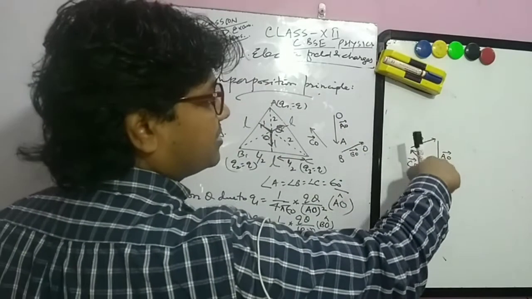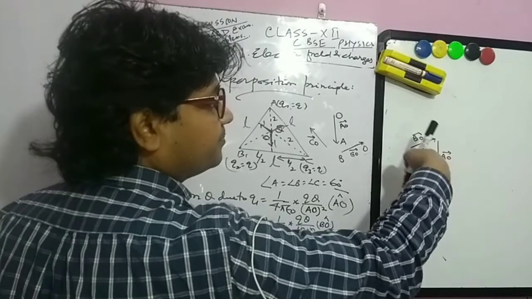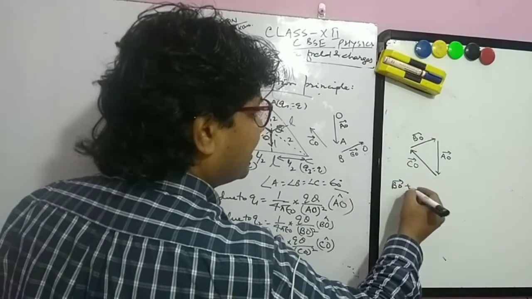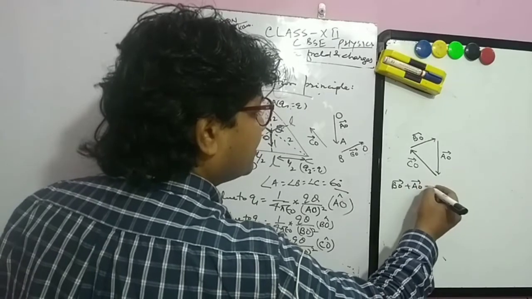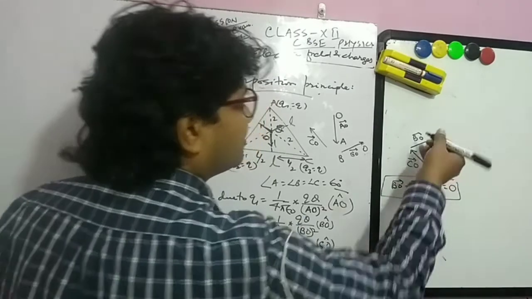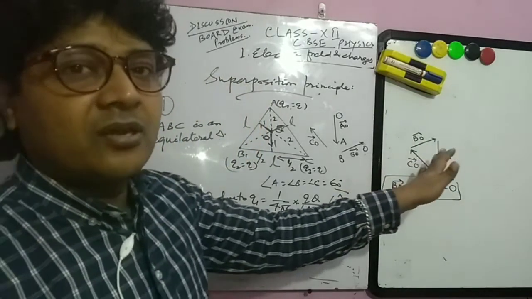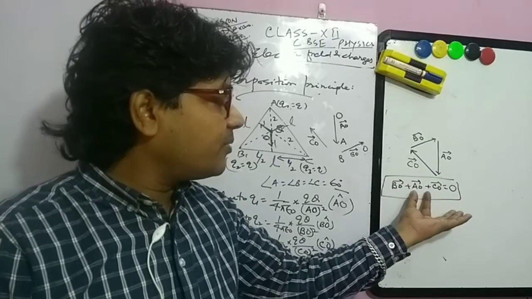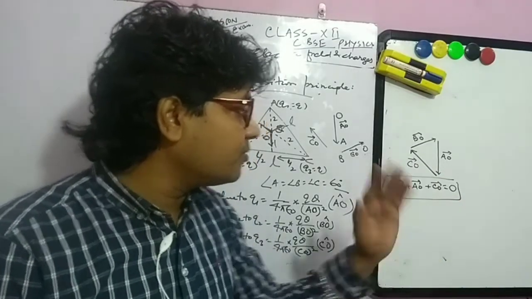So this is a cyclic triangle. What we are getting here is BO vector plus AO vector plus CO vector equal to 0. We know from the triangle law of vector addition that BO vector plus CO vector plus AO vector will be equal to 0.